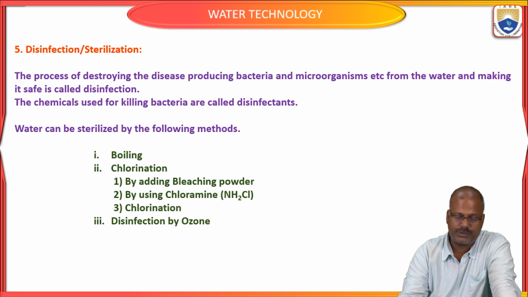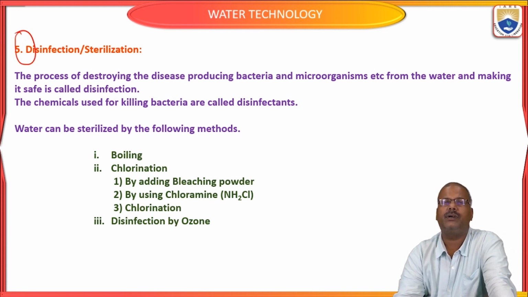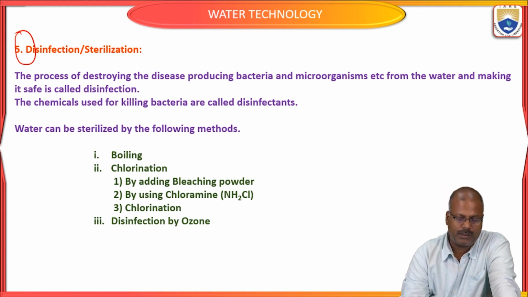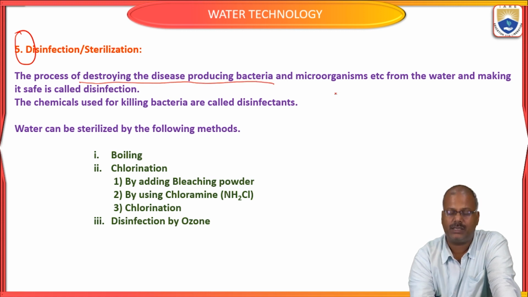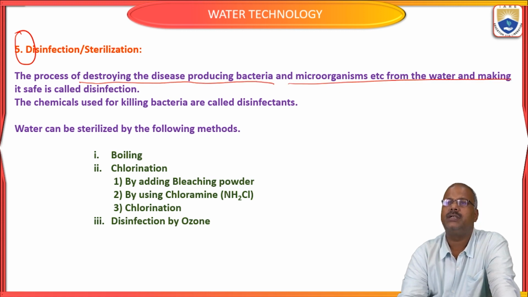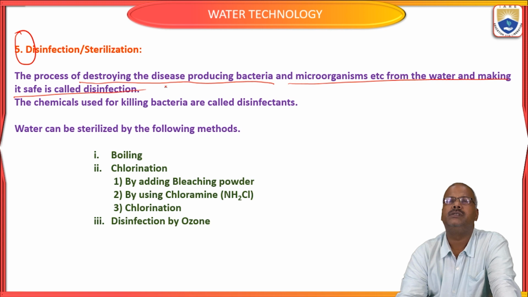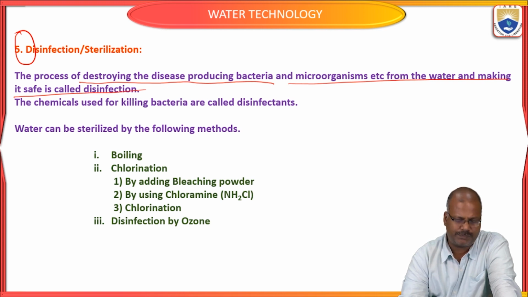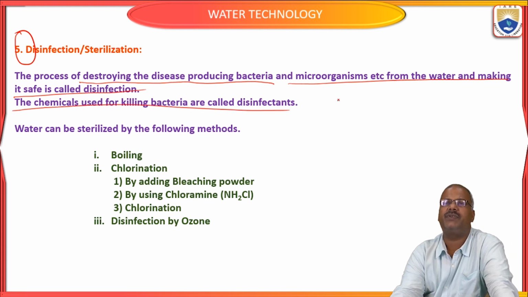So this is the 5th step in the treatment of raw water to potable water. The process of destroying or killing the disease producing bacteria and microorganisms from the water and making it safe for drinking is called disinfection. The chemicals used for killing bacteria are called disinfectants.